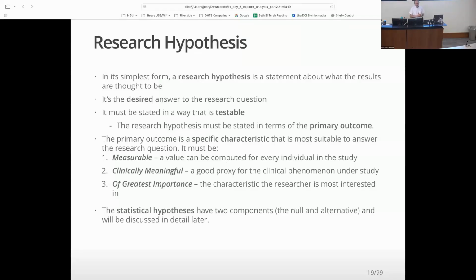And so generally, if you want to have a testable research hypothesis, you want to state it in terms of the primary outcome of the research. What outcome do you expect based on your previous observations and other information?